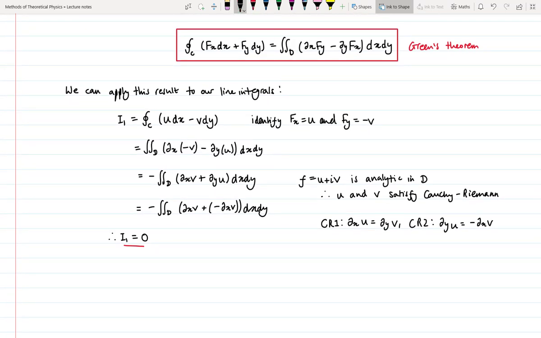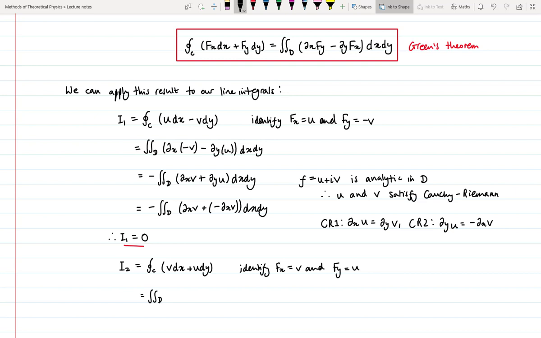We can do the same thing to the second line integral, I2. I2 was given by the integral along the closed contour C of v dx plus u dy. Looking at Green's theorem at the top, we now identify fx as v and fy as u.